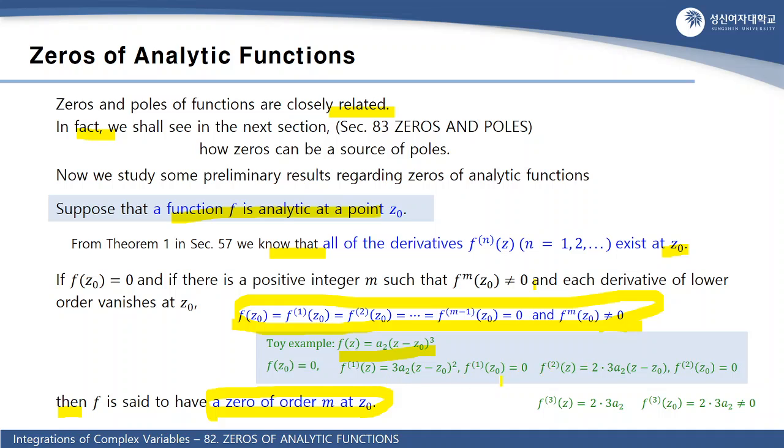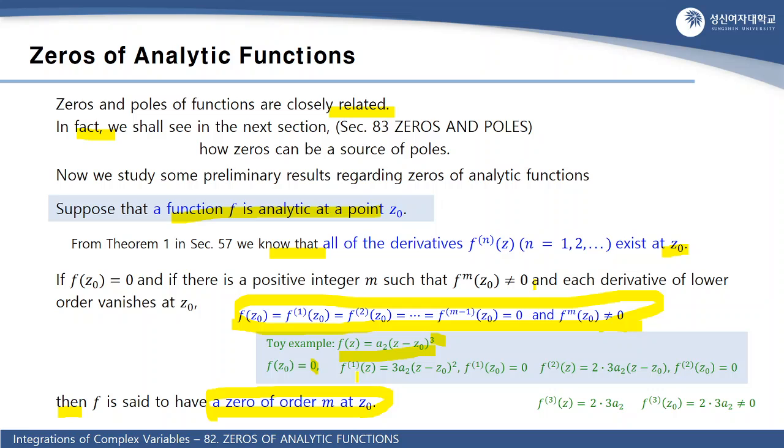In this case, we consider m equal to 3. Then f of z0 is 0. It is easy to see that, because we just put z0 in the place of z, then we get 0.